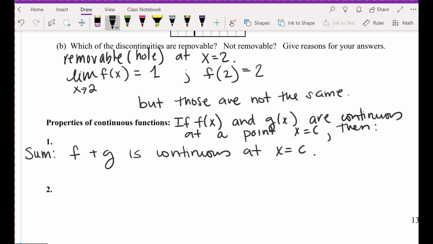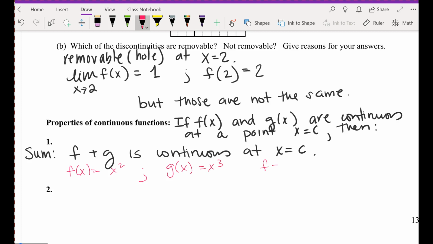Think about if we pick f of x as x squared and g of x as x to the 3rd. If I add those 2 functions together, would they still be continuous at the same exact location, let's say x equals 2? Yes or no? So f of x is x squared, g of x is x to the 3rd.